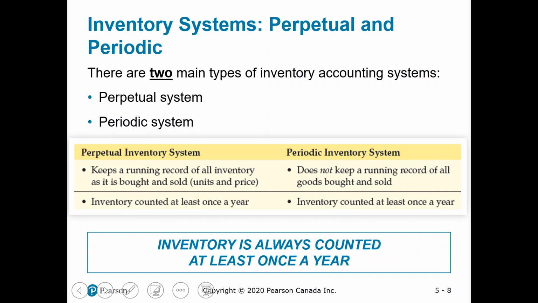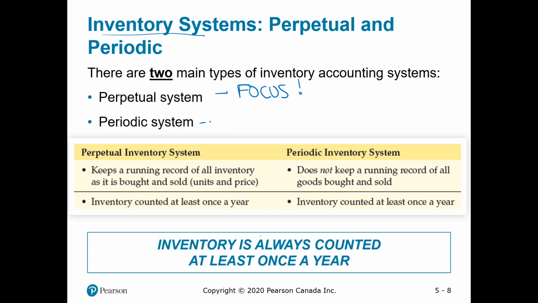Okay, so now we know a bit about inventory and cost of goods sold and sales revenue. We're going to take a look at these two inventory systems. There are two main systems, the perpetual system and the periodic. The perpetual system is our focus.